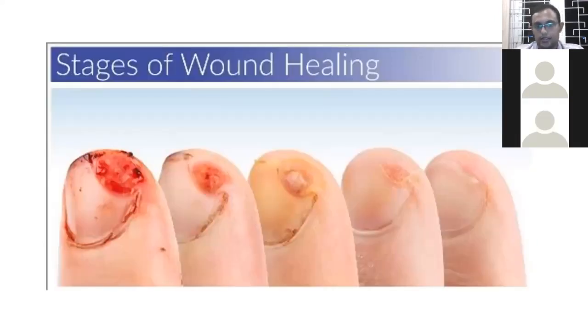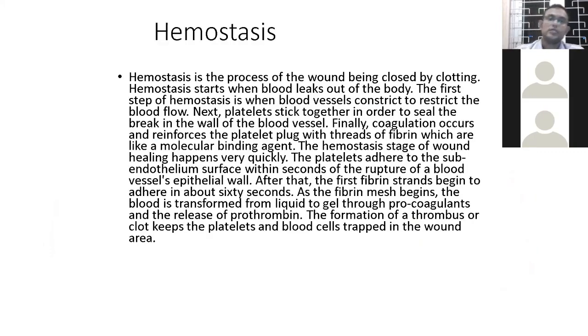So this is a good depiction of that. So what is hemostasis? You may remember from your physiology days that hemostasis is a physiological process of clotting. So what happens there? The platelets stick together, seal the breaks in the walls of the blood vessels, and coagulation occurs.